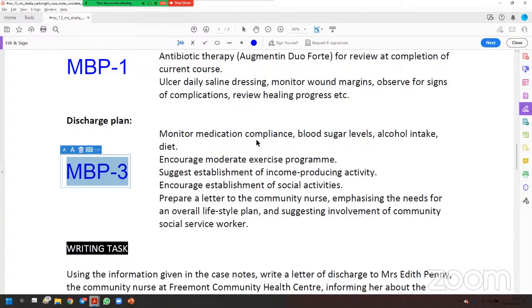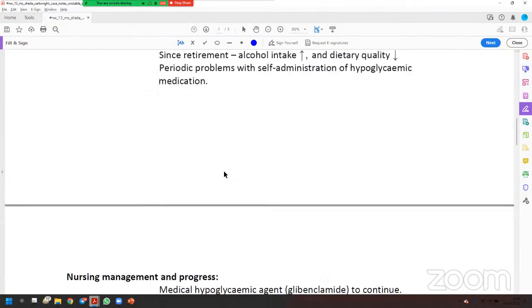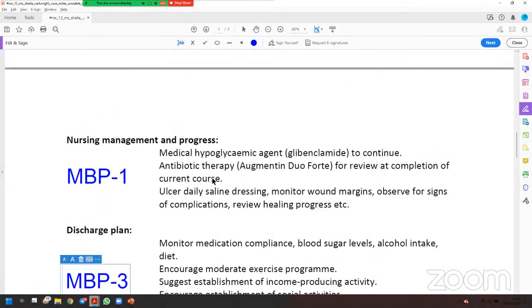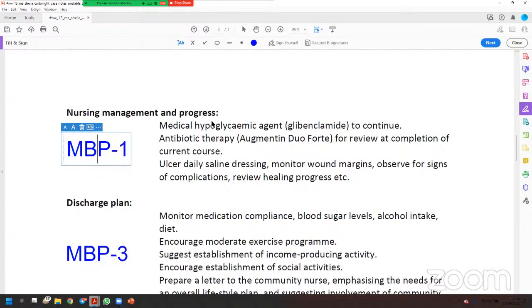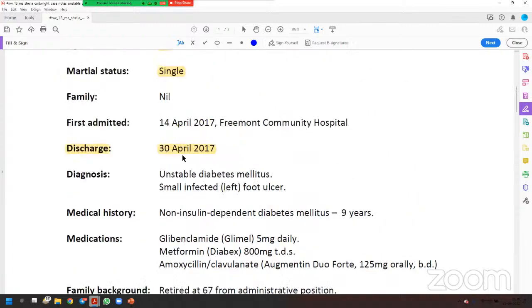So here she was admitted. The first stage is admission, then nursing management and progress since admission. You can talk about being admitted on 14th April 2017.